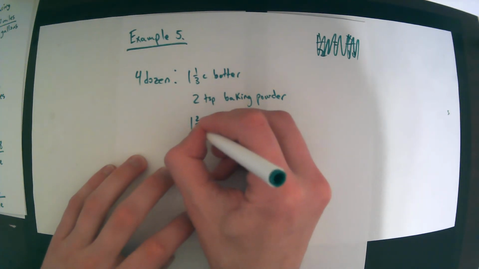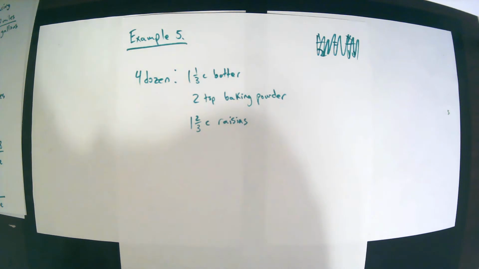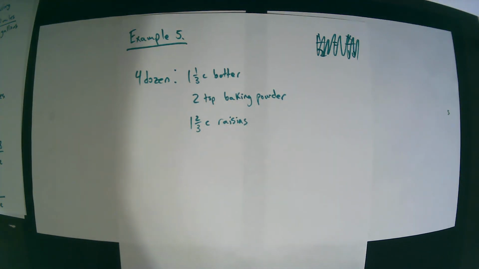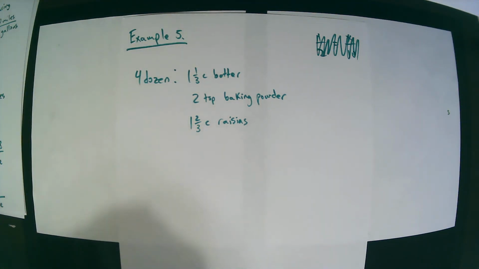Gross. And probably other things, right? Because you can't just make cookies out of butter and raisins and baking powder. But I guess we're ignoring the flour and eggs and whatever else you need.